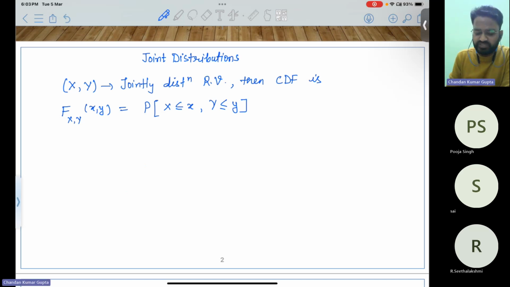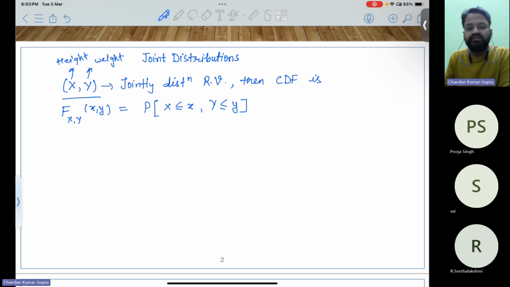Here we have considered two variables x and y, which are jointly distributed random variables in paired form, like the height and weight of a child. Then we study them simultaneously.